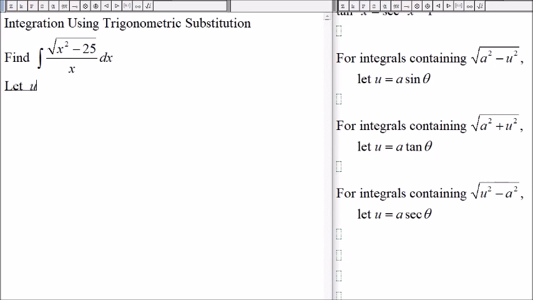So we let u be a secant theta. And we will let u squared be x squared and let a squared be 25.